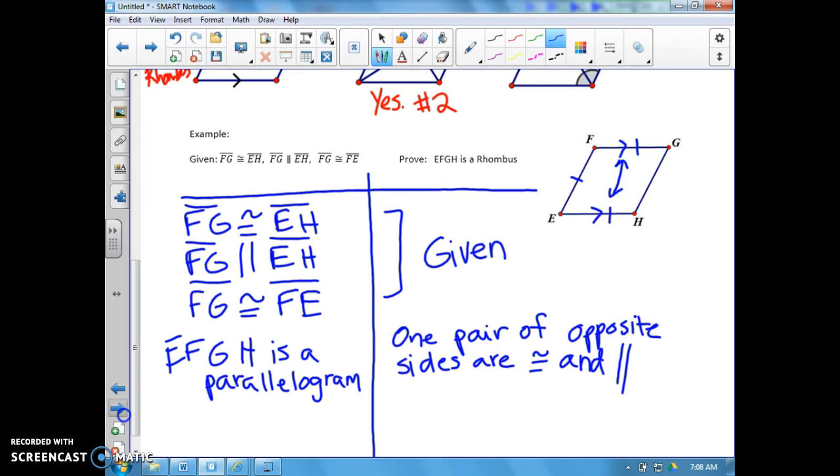Well, if that's a parallelogram, then a lot of cool things fall out of that. We now know that EF must be congruent to GH because it is a parallelogram and opposite sides are congruent in parallelograms.